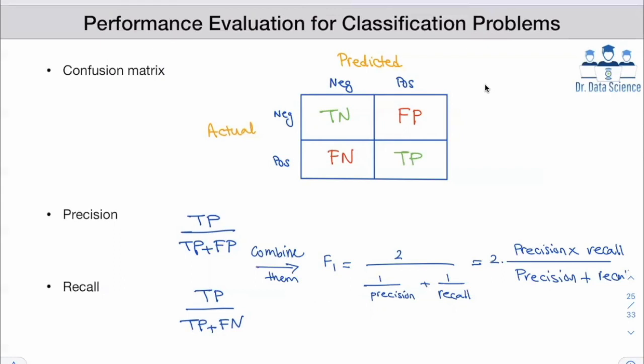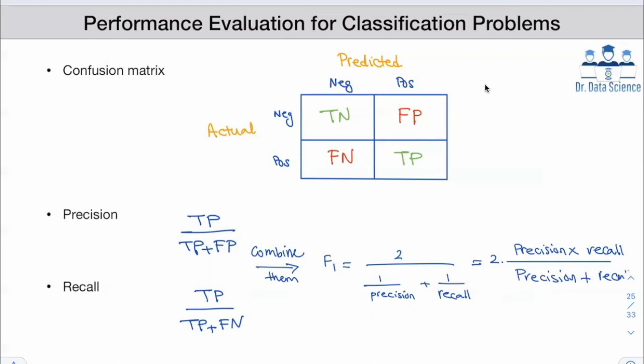You can do some math and see that this means we now have 2 times precision times recall, and in the denominator, we have precision plus recall. And remember, all these values, precision, recall, F1 score, are between 0 and 1, and higher values indicate better classifiers. So if you find precision, recall, and F1 score all equal to 1, this means the classifier is 100% accurate.